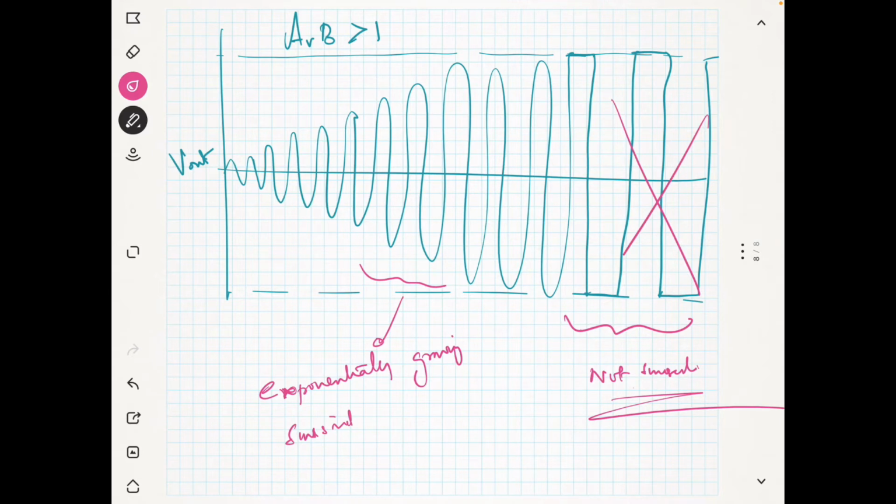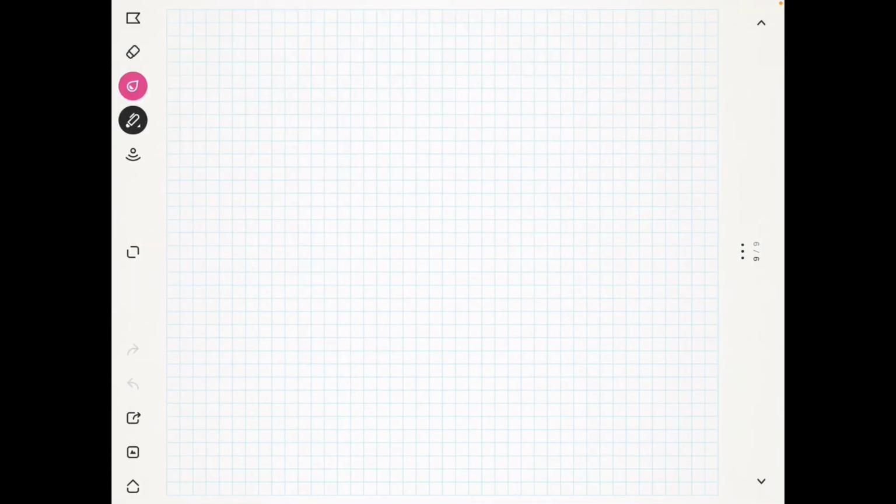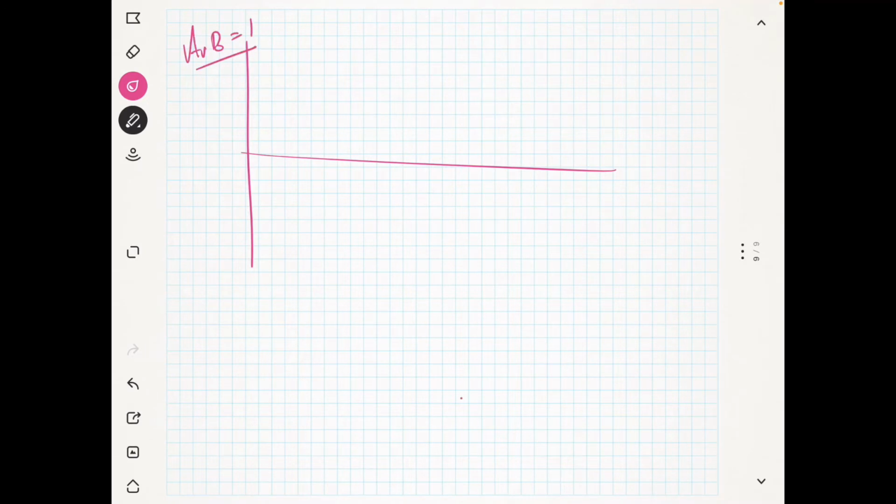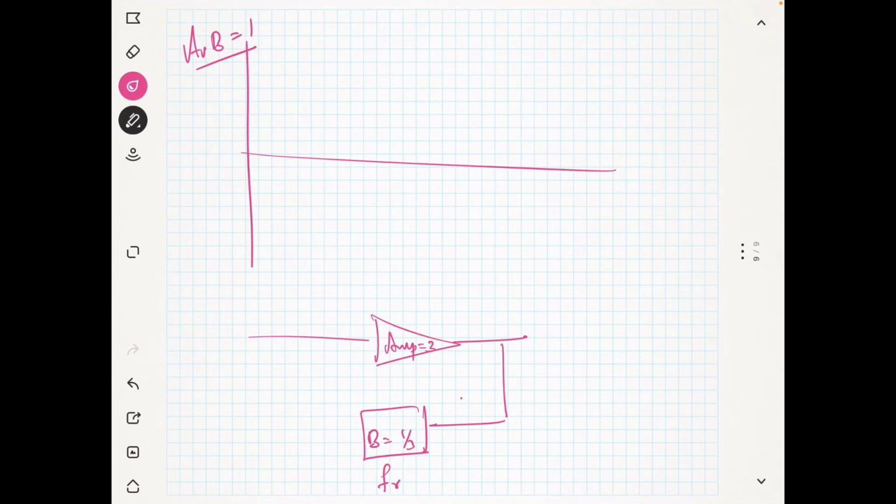Now the second case: Av times beta is equal to 1. You can imagine that if you have an amplifier with gain equal to 3, then beta is equal to 1 by 3 at some particular frequency FR.